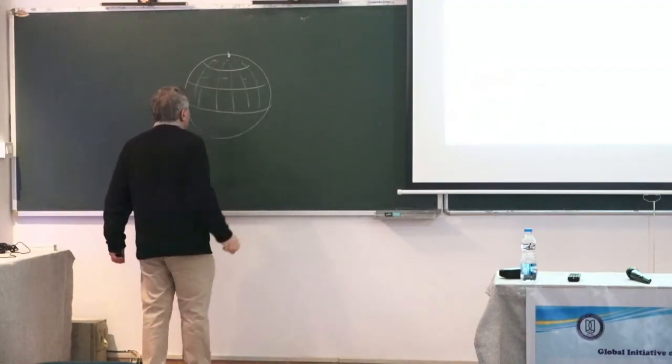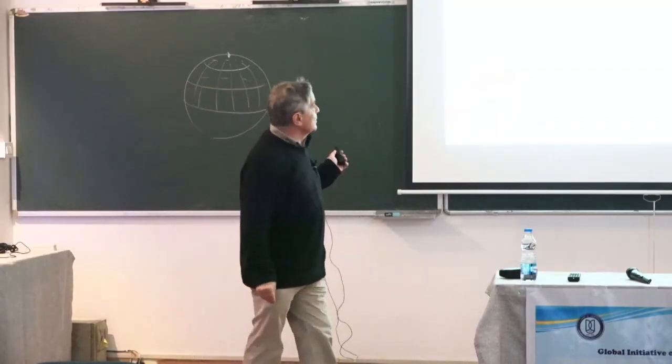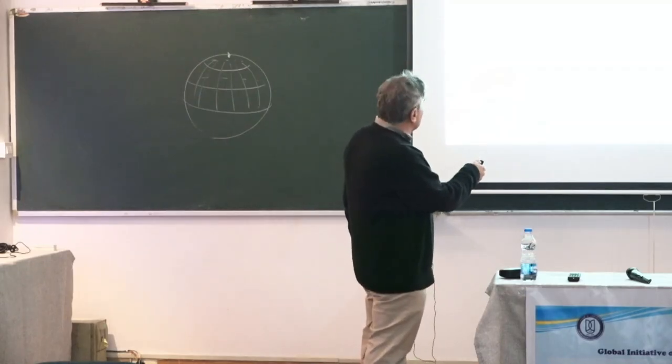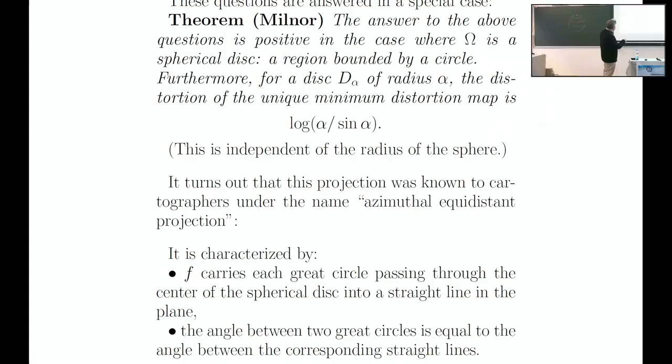In the case where the map concerns a spherical disk, then the answer is positive, and the distortion. So he gives a formula for the minimum distortion in terms of the diameter of the disk, or the radius alpha of the disk, spherical radius, and this is independent of the radius of the sphere.